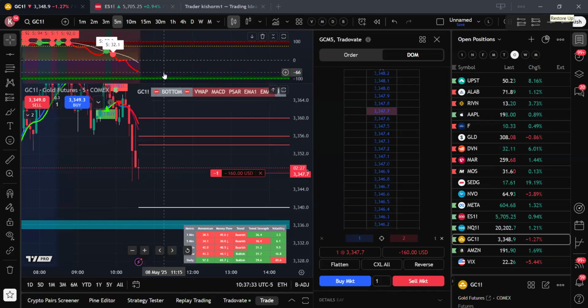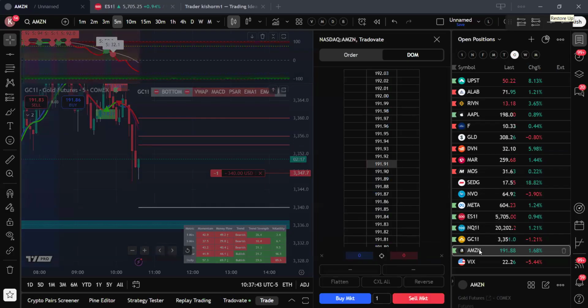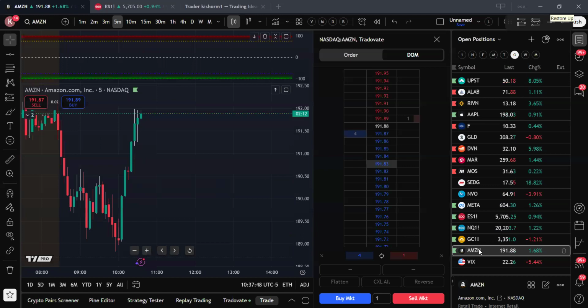It's over here, right? Overall, it is bearish. Everything is red. It went to the top. So that's a perfect opportunity. Next is dropping more. Amazon is going up. Meta is going up.